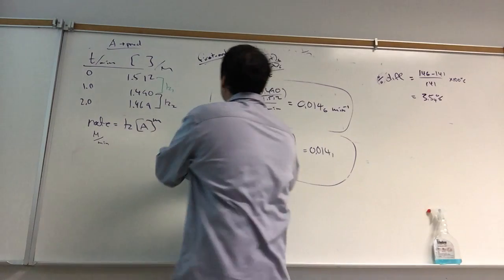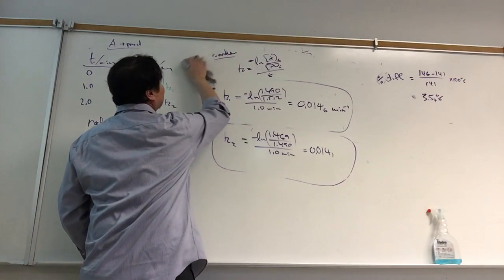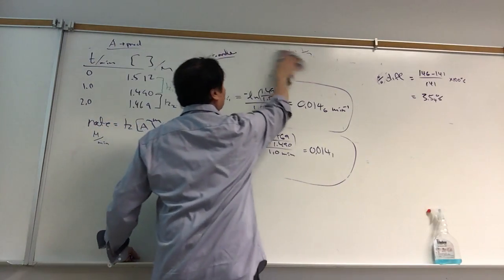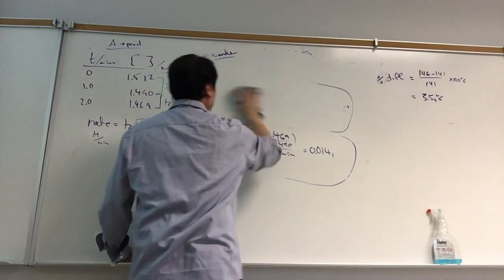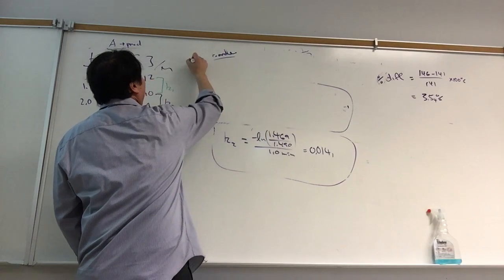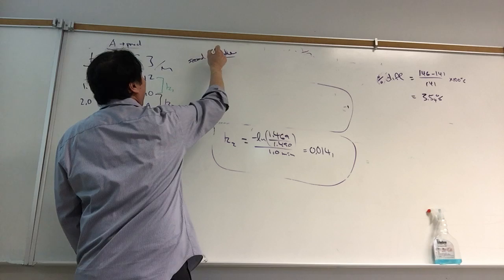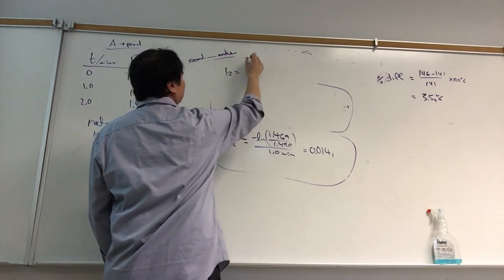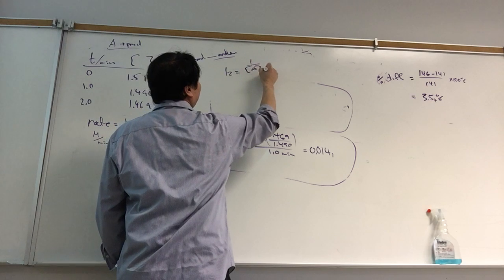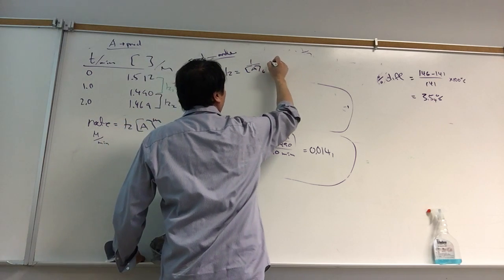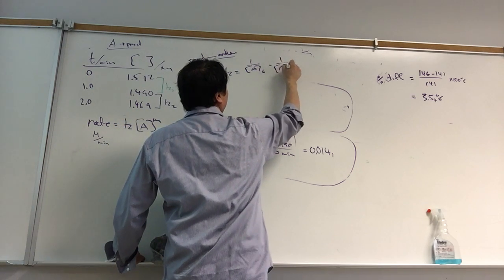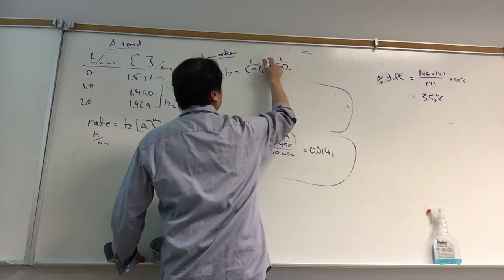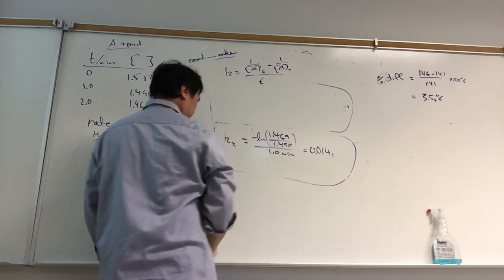So let's see what second order gives us next. If we go to the second order, then K is equal to 1 over A at time T minus 1 over A at time 0, divided by the time interval.